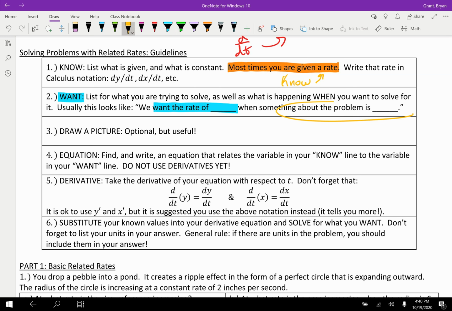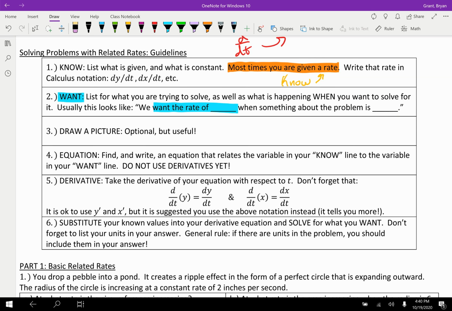Some people will put this extra information in the know section. It's up to you. But usually what happens is this extra piece of information isn't always constant. Meaning they're saying, well, at this exact time that we're talking about, we want the rate when this is happening. Versus the know is something that's always constant. We know the rate is this always.